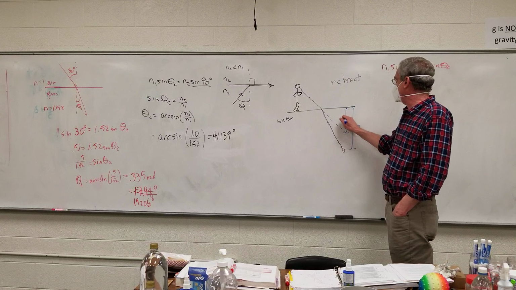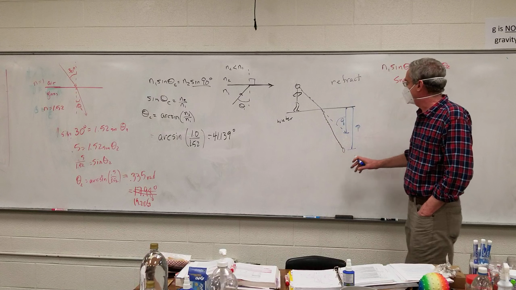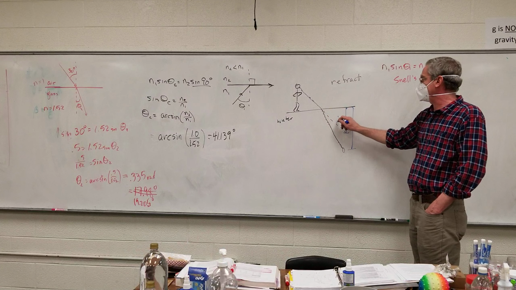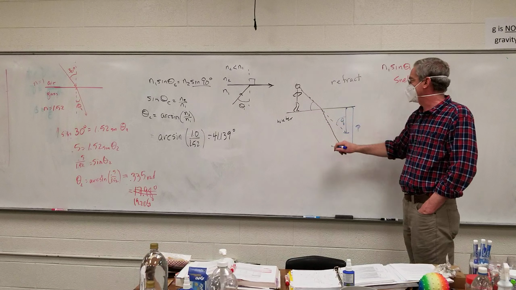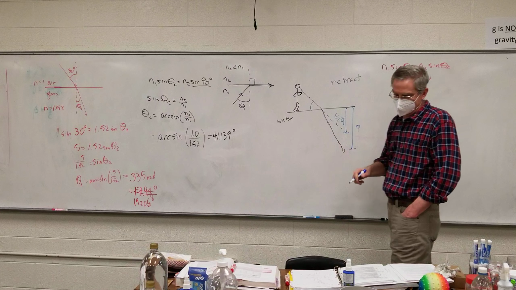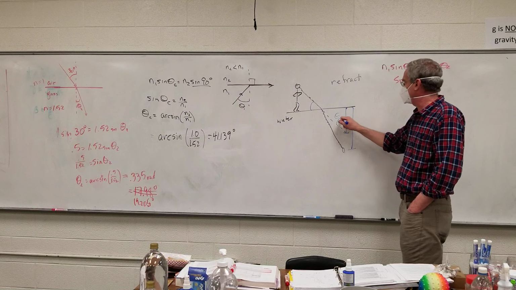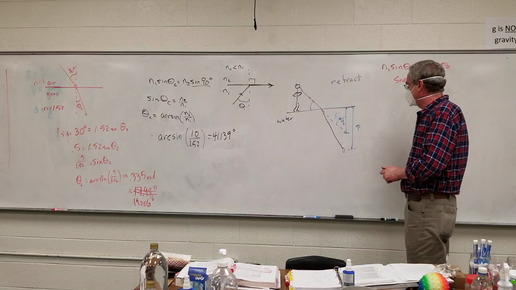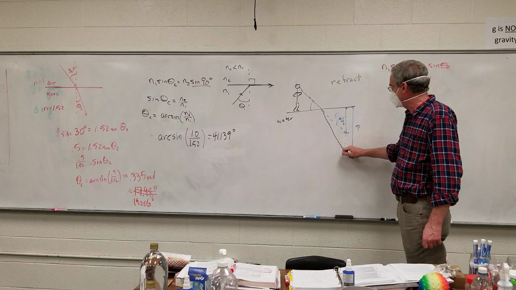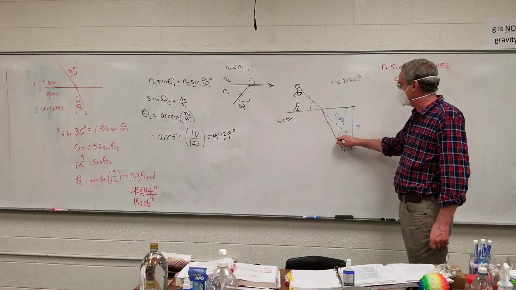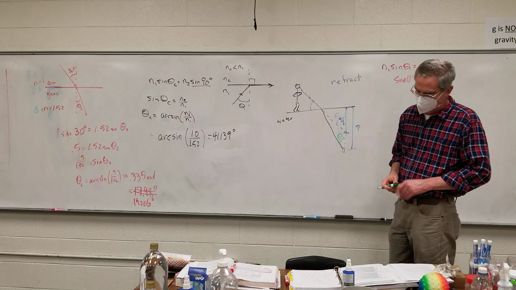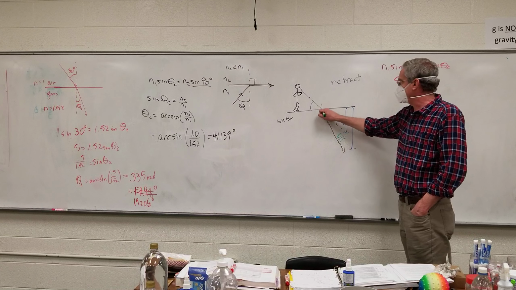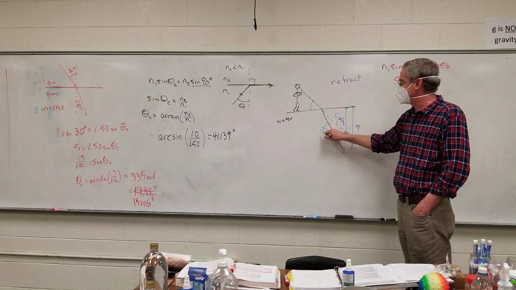This angle right here, from the vertical to where I think it is, which would be the same angle as that, is theta 2. The actual angle here is theta 1, which would be the same angle as this angle right here, that's also theta 1.